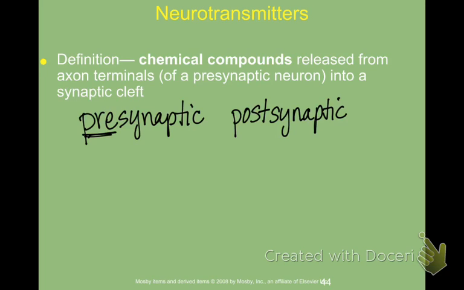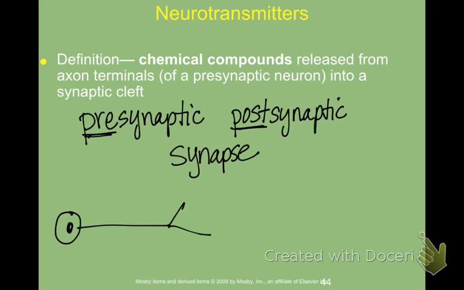Pre means before, post means after. So the synapse is perhaps the thing that you forgot. So here is neuron A. Okay, this is the soma. This is the axon, and those are the axon terminals, right?